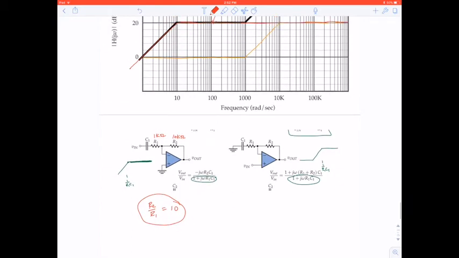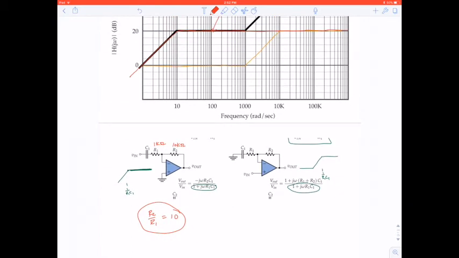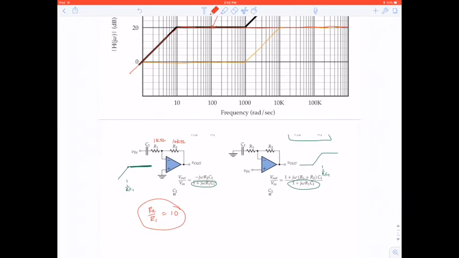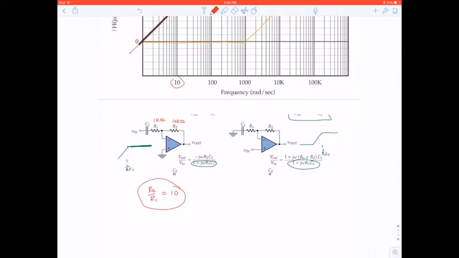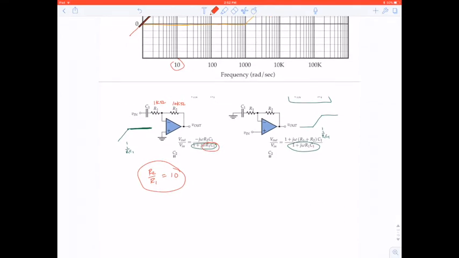Okay? And then we just need to choose the value for C1 that will give us a corner at 10 radians per second. And so that corner frequency is 1 over R1C1. So we know that 1 over R1C1 should be equal to 10 radians per second.